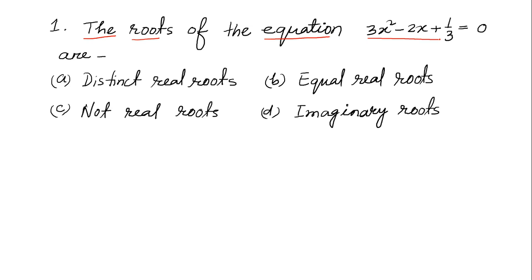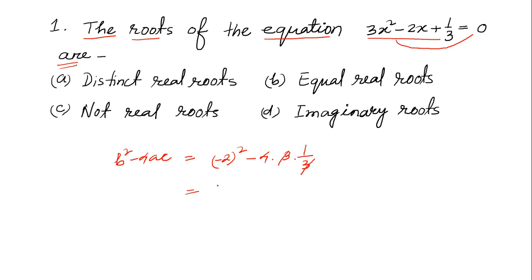3x square minus 2x plus 1/3 is equal to 0. What will be the roots of this equation? That we have to check, so we will find out first of all b square minus 4ac. b square means minus 2 whole square, minus 4 into a is 3 and c is 1/3, so 3 is cancelled out.